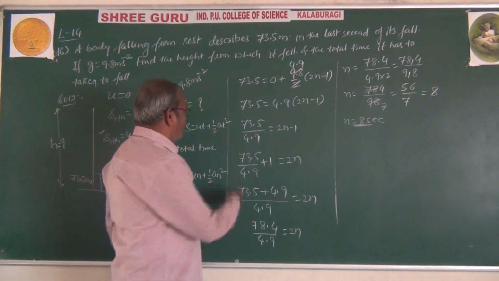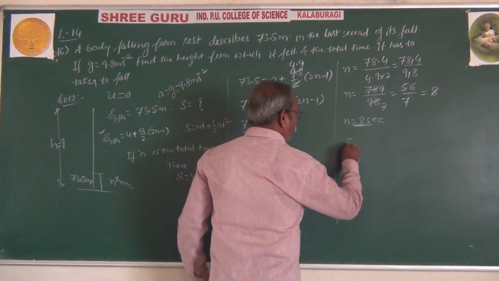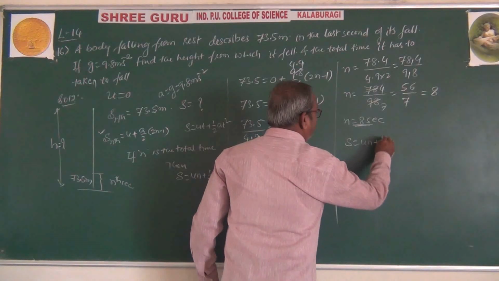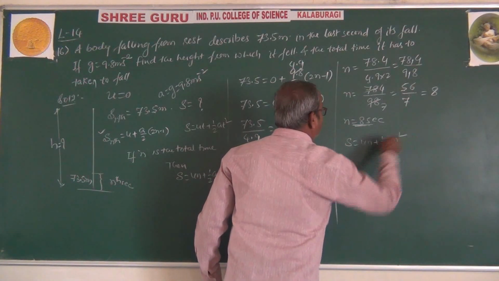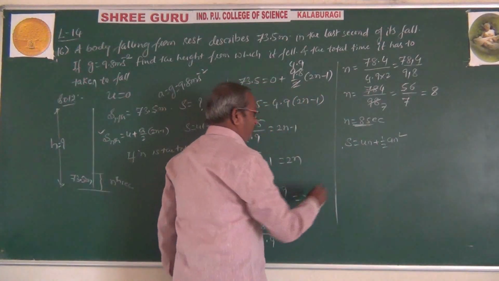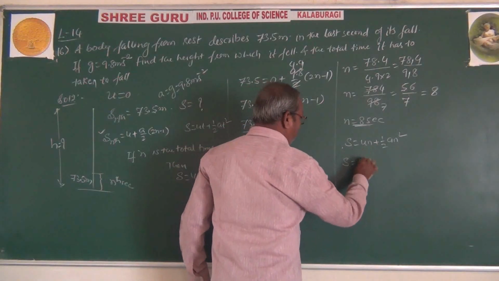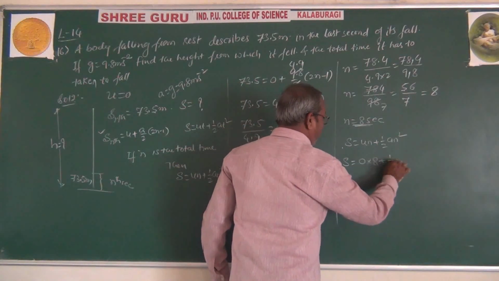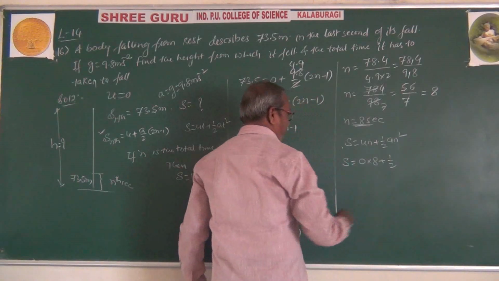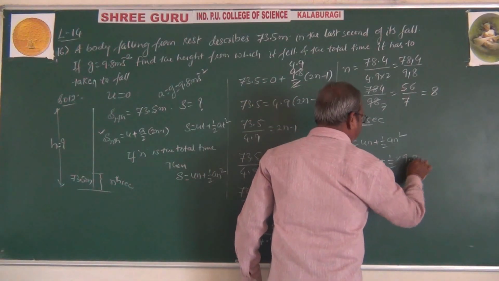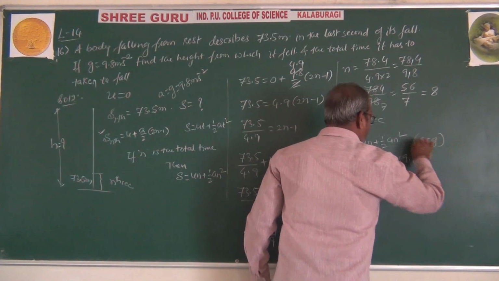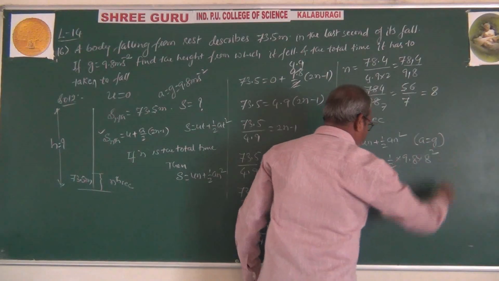Then you can go for s equals un plus 1 by 2 an square. S is what we don't know. U is 0, so it is 0 plus 1 by 2 into a, where a is nothing but g, that is 9.8, into 8 square.